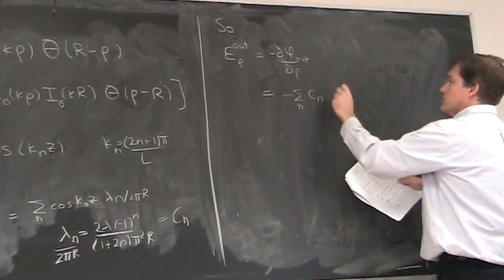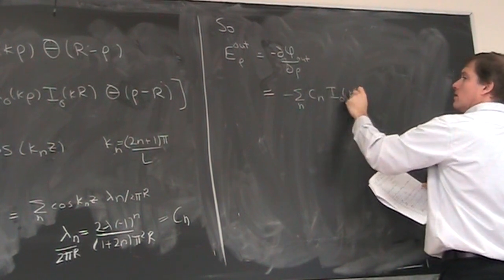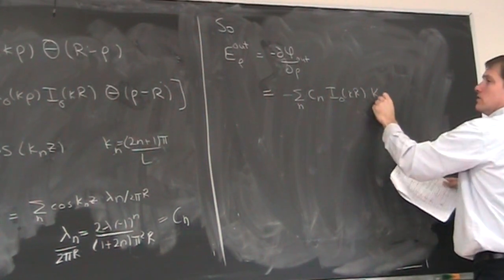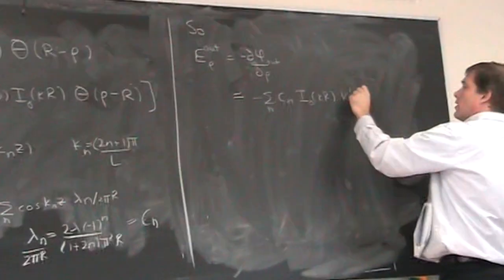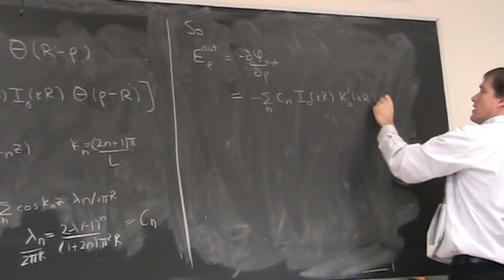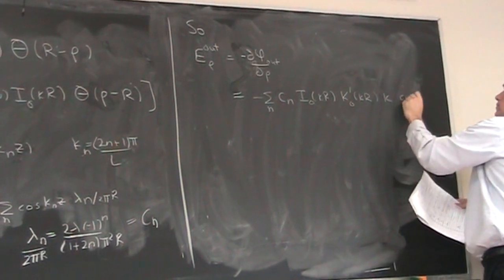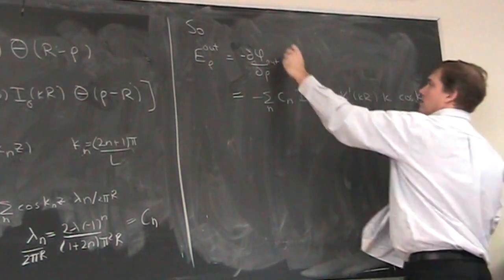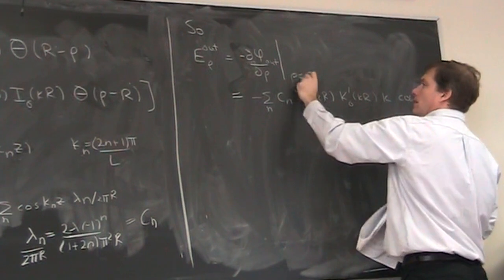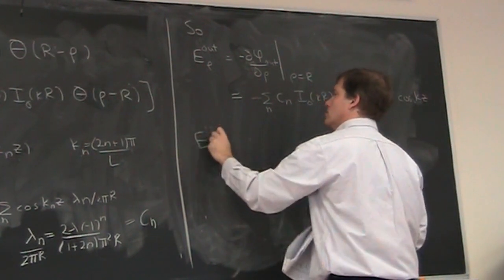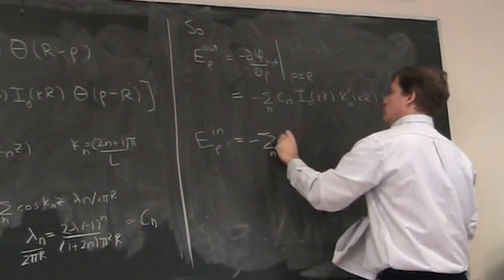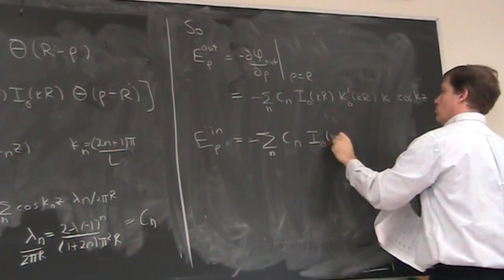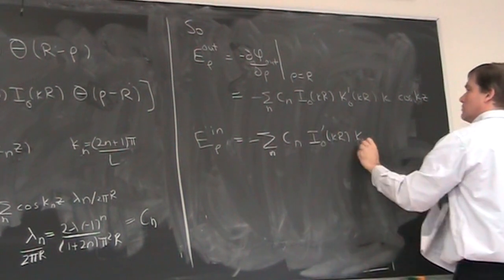And E rho out gives you I0(KR), and if I look at the outcome, K0 prime, K0 prime(KR), times K, and then I get cosine K and Z. Okay, and this is evaluated at rho equals R. And similarly, E in, I0 prime(KR), K0.